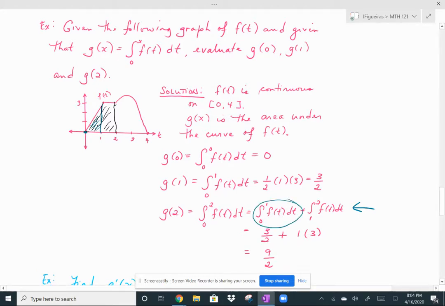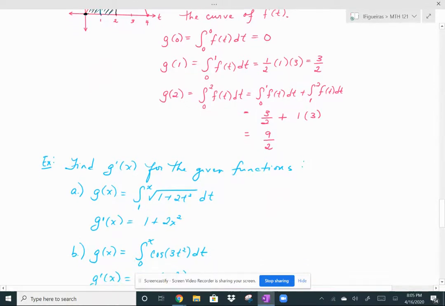We know that has a value of 3/2. And this one, well, that's just a rectangle from 1 to 2. It has a width and a height, and we can easily compute the area. So the width is 1 unit, the height is 3, so it's just 1 times 3. So we have 3/2 plus 3, which gives us a value of 9/2 for g of 2.